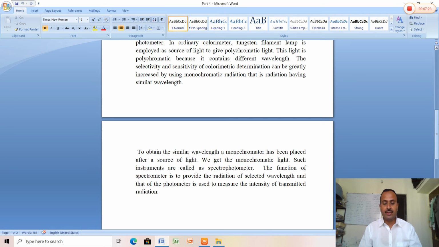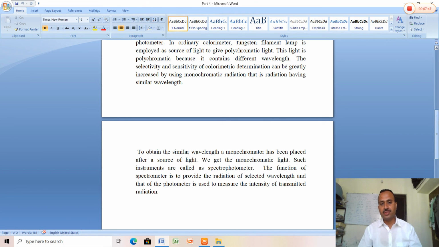Now this is the most important: what is the definition of a spectrophotometer? What is the difference between the colorimeter and spectrophotometer? In the colorimeter, we do not employ a monochromator. Most important sentence: in the colorimeter, we do not add a monochromator. Only a filter is used in the colorimeter.